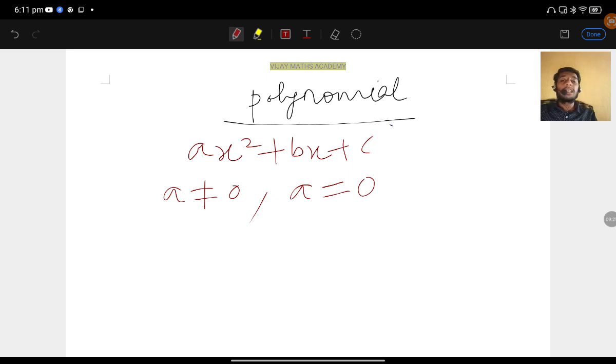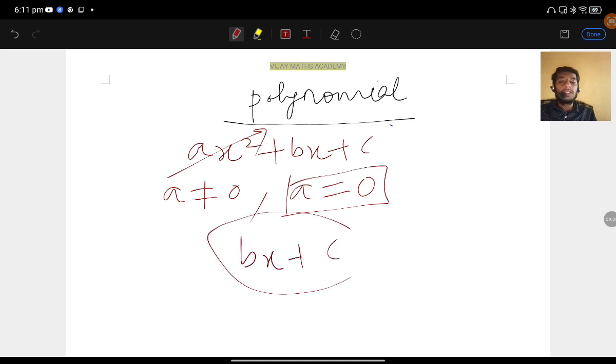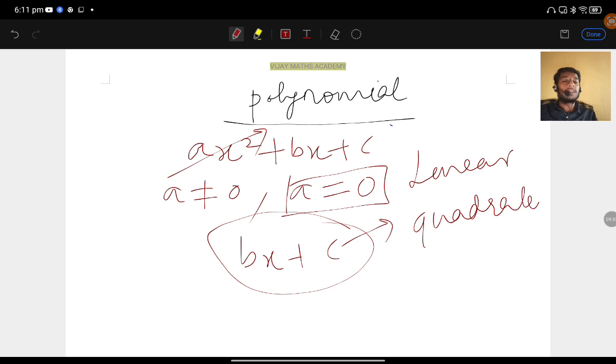Wherever a is there you have to put the value 0, so this becomes 0 times x square plus bx plus c, so only bx plus c will remain. So when a becomes 0 it goes to the next lower level of polynomial. If it is quadratic and a is 0, it becomes linear. If it is cubic and a is 0, it becomes quadratic. Like this you have to remember.